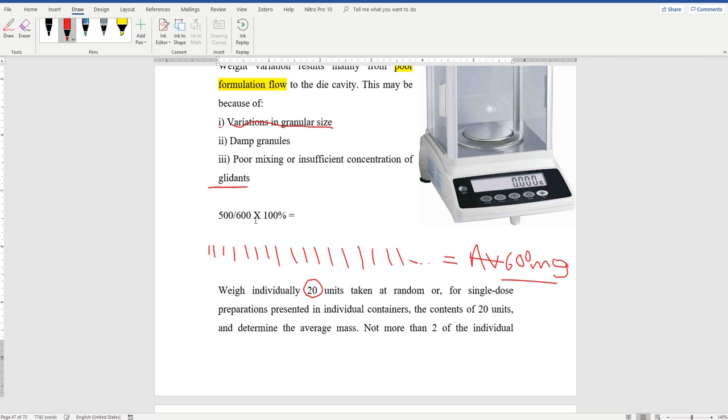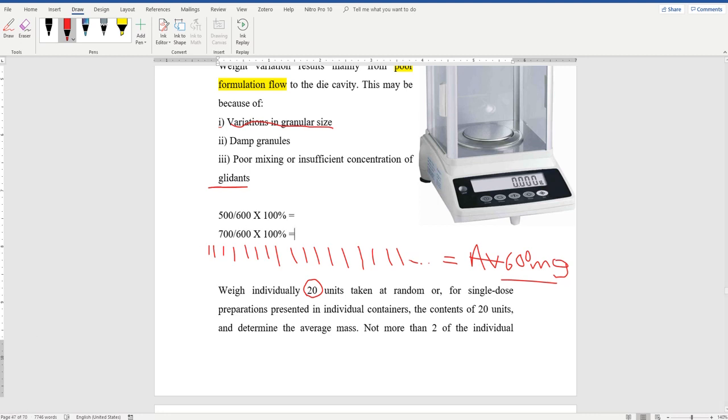Okay? If the second one is 700, then you divide it by 600 multiplied by 100%. So you need to calculate the percentage of each one of these 20 tablets from the average that you got.